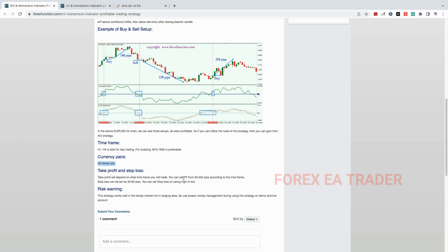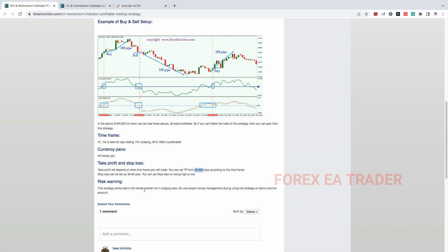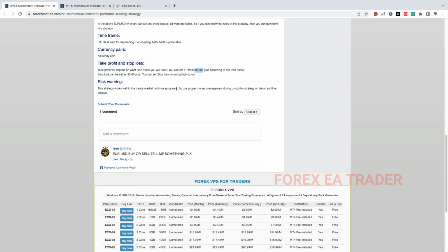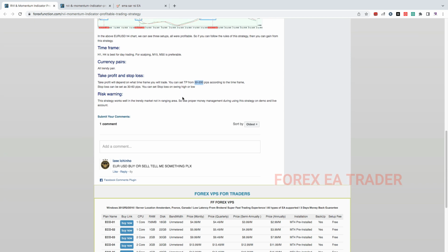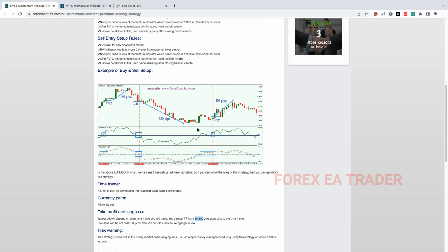And then TP, you can set it to between 30 and 200 pips according to the time frame that you are trading, as well as between 30 and 60 pips for stop loss. Again, I think it depends on the time frame. Okay, risk warning: sometimes you can lose money. Okay, so let's just quickly make this into a forex robot.